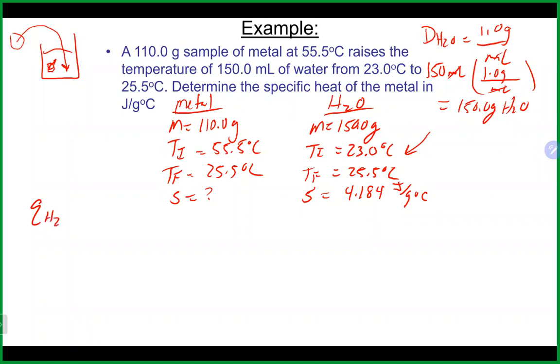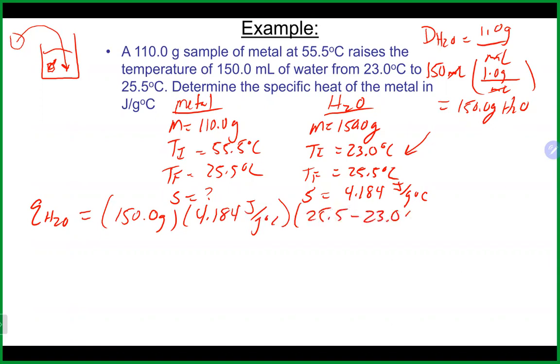Q of the water will be 150 grams times our specific heat capacity of liquid water, times our final temperature, 25.5, minus our initial, which is 23. We end up with 150 times 4.184 times 25.5 minus 23. That gives us 1,569 joules of energy.